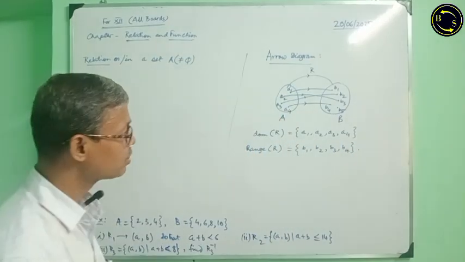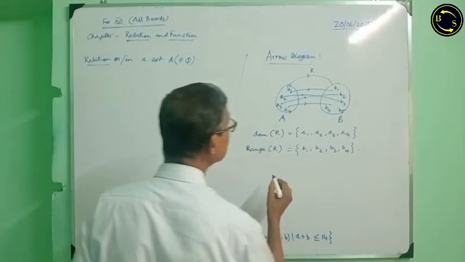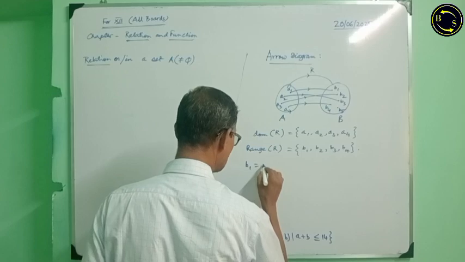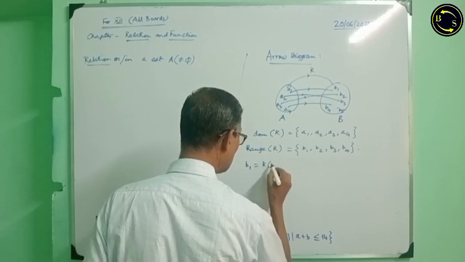In other notations, we write like this: B1 is equal to R(A1).